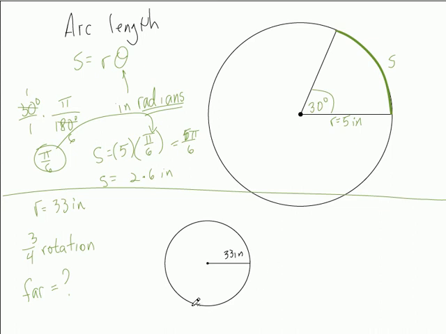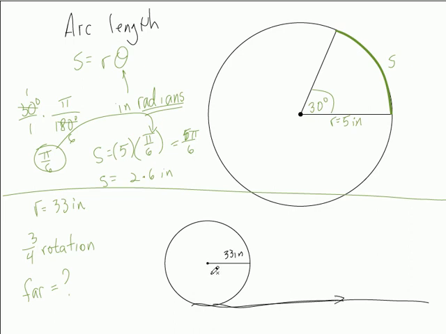So watch. If it was going along a straight line right there, as this thing rotates 3/4 of the way, it travels horizontally that way, doesn't it? So whatever the distance around this is, 3/4 of that distance is going to be the same translated horizontally.